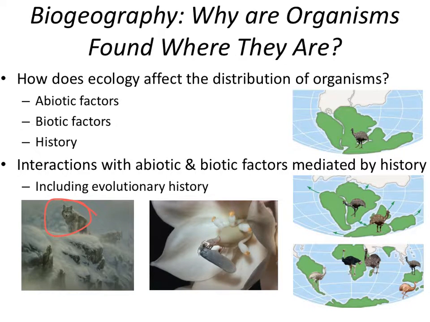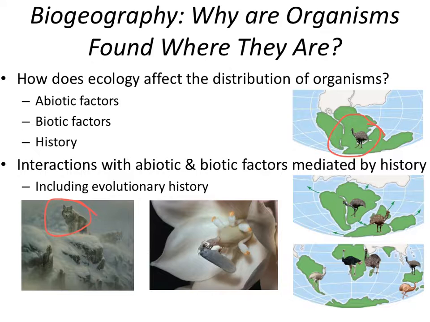If you remember, organisms are found where they are not just for ecological reasons, but because of historical factors. This is one of the ratites, kind of like an ostrich. This is hundreds of millions of years ago. Then as these different parts started to separate into different continents, they carried the occupants along with them.